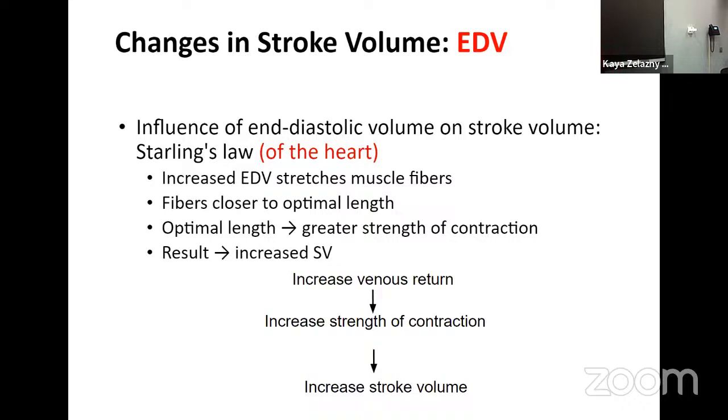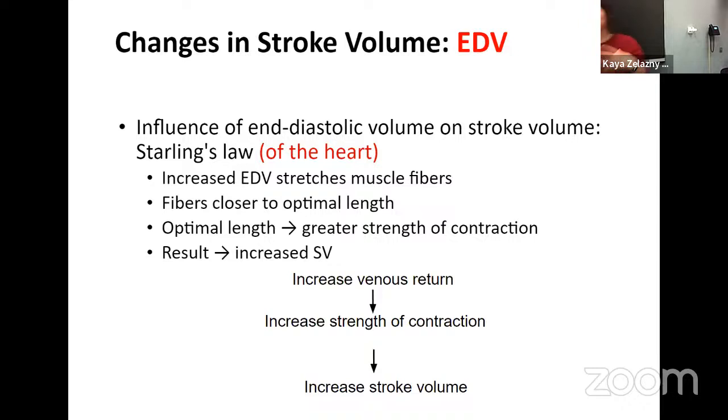We have the best amount of overlap, which means we can really latch on to those fibers, those actin with our myosin and pull them in. And your heart is not always at that optimal length. So you have to fill the heart to a certain amount to reach the optimal length. Your heart is actually hanging out at a little bit smaller than its most effective length.